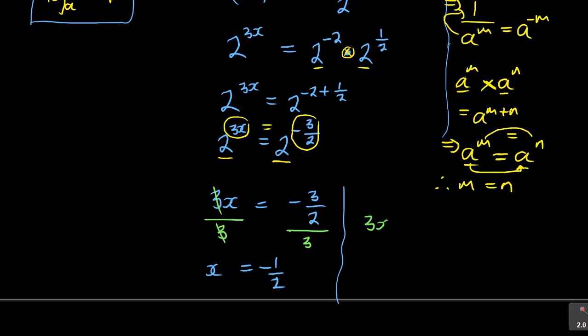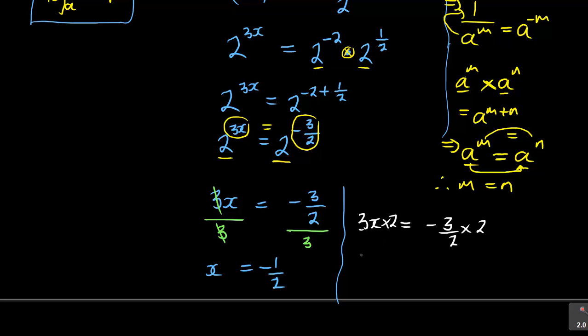Alternatively, when you are at this stage to say 3x, okay, let me use just a different marker. If you're at this stage to say 3x is equal to minus 3 over 2 and you don't want to rely on the calculator, what you can do, remove that fraction there, you multiply by 2. What you do on the left, you do on the right.